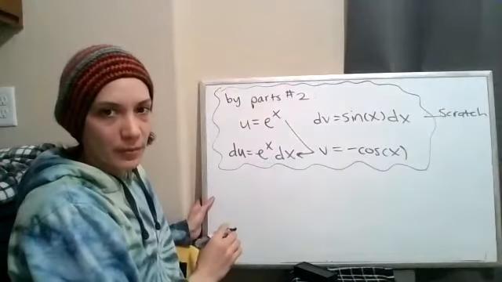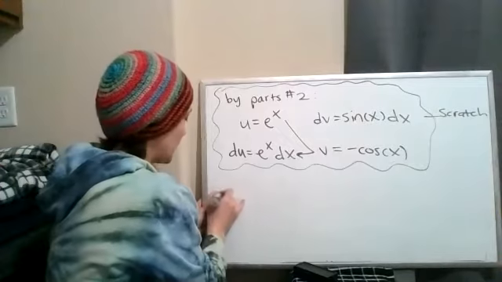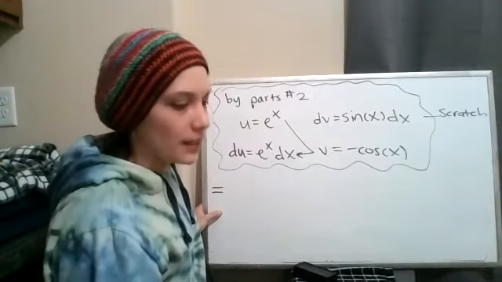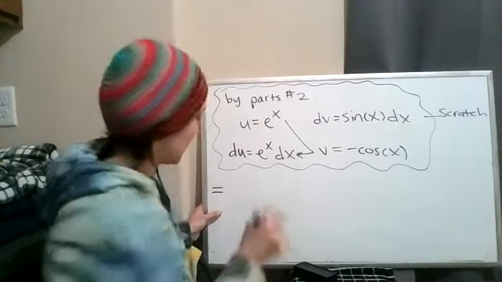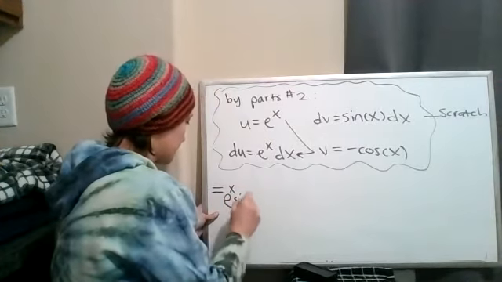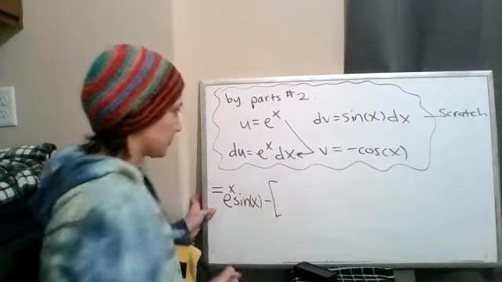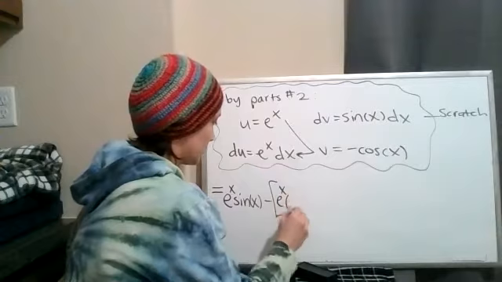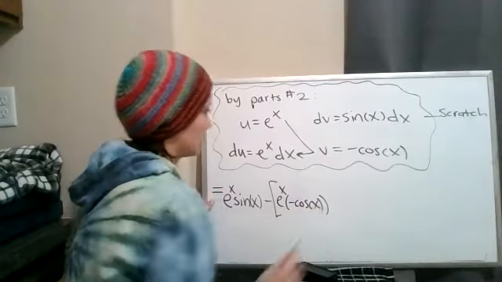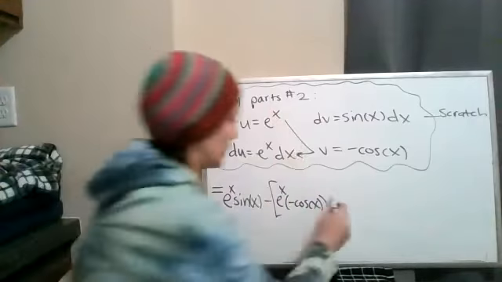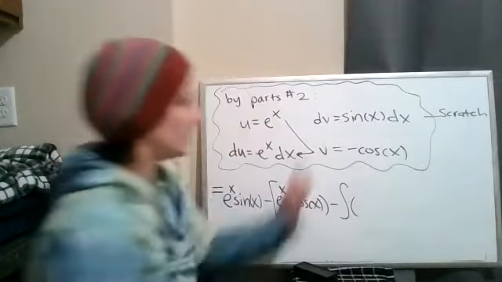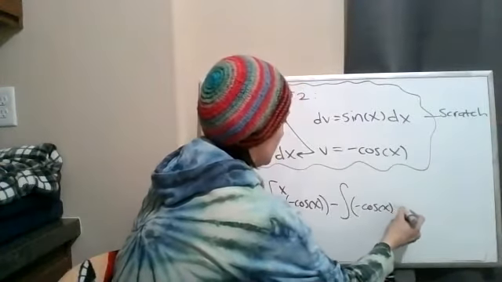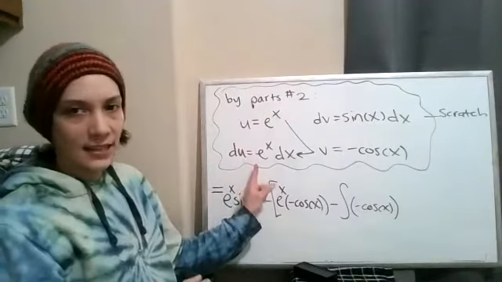Okay, so back to the problem. Wherever you left off on that integral, we have it equal to, let's see, e to the x sine of x, subtract e to the x times negative cosine of x, minus negative cosine of x e to the x dx.